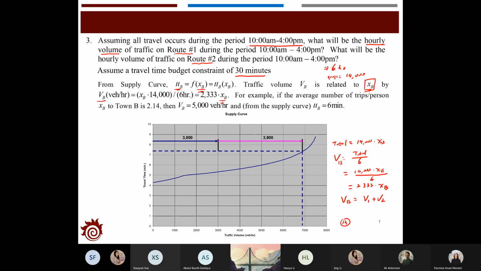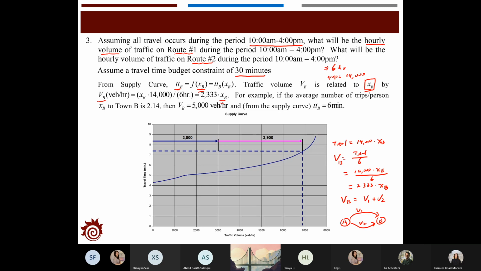Because this is in the parallel links, there will be 2 routes. And V1 plus V2 will be the total number of the flow from A to B. That is VB. And so this is the relationship we get.